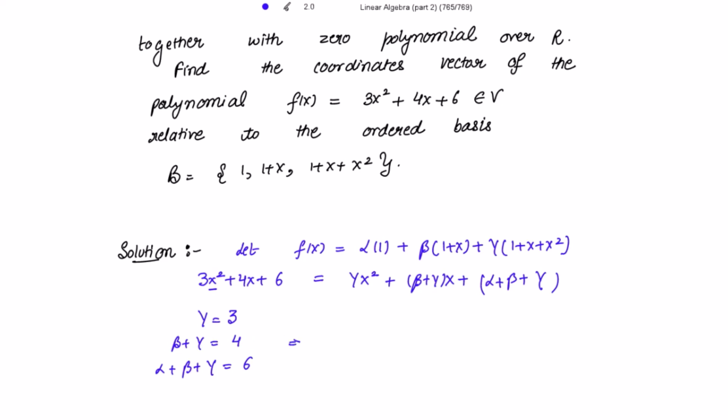So from here I get beta to be equal to 1, and from here I can get my alpha, that is equal to negative of beta plus gamma. From the second equation I know this is 4, so this is negative 4. No, it is 2. Sorry.